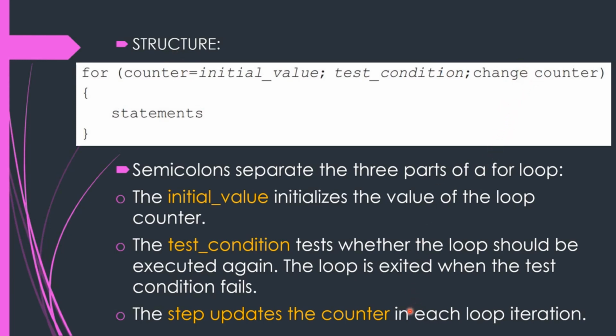Basically we update the counter, and the third step, change counter, is used to update the counter in each loop iteration. We already read about iteration in our previous videos, that a single pass through the loop is called an iteration. So when it is passing for the first time, the value will be changed. When it is passing for the second time, its value will be changed again. This step of changing the value of the counter is done by the third step.